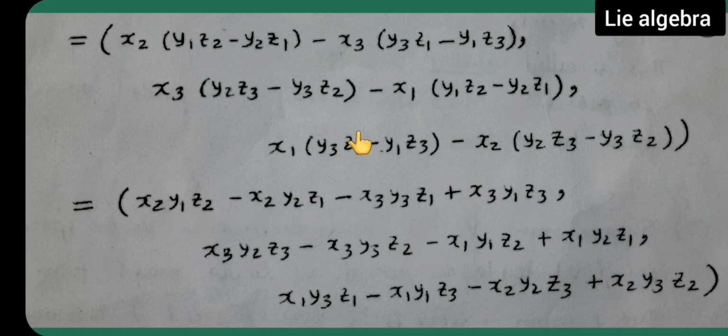And then minus x3, you have to multiply here also and here also, put comma, then x3 again you have to multiply with this, which I have already multiplied, then minus as it is, and this multiplied with this also, and the last one, put comma over here, and then do the last one, x1 y3 z1 minus x1 y1 z3 here, minus x2 y2 z3 plus, minus and minus plus, no, x2 y3 z2.